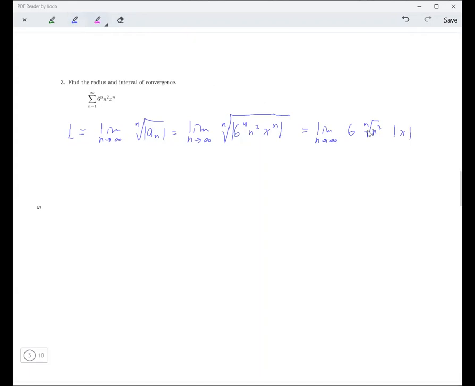This one right here goes to 1 as n goes to infinity. So you get 6 times the absolute value of x. Okay, that's your L. Force that to be less than 1, and you have the absolute value of x less than 1/6. And that means your radius of convergence is going to be 1/6.